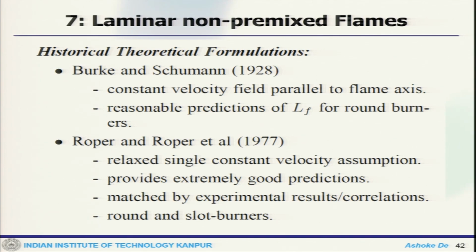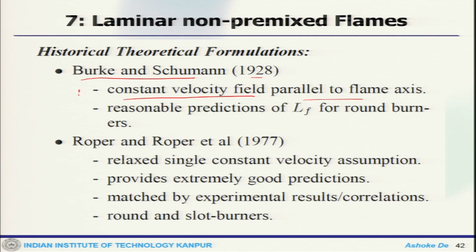One, which is very well known in the laminar diffusion flame, is the Burke-Schumann kind of flame, which was in 1928. The assumption is a constant velocity field parallel to the flame axis, which gives a reasonable prediction of flame height for round burners.